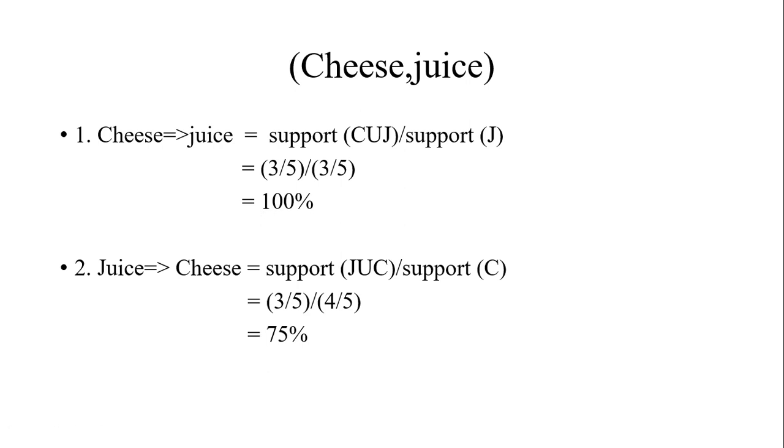So this is perfect for the cheese to juice rule. Next we are having the second rule, juice to cheese. The customer can first buy the juice, and then he can buy the cheese also. The support of juice union cheese divided by support of cheese. So how many times will it occur? 3 by 5 divided by 4 by 5, we get 75 percent.